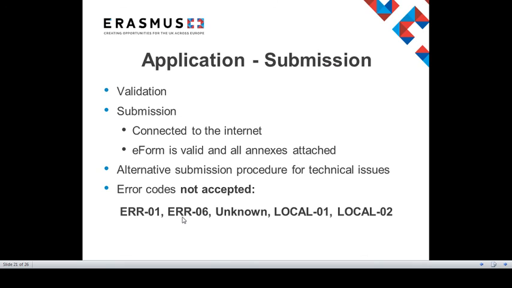However, the UK National Agency will only accept alternative submission if the error message is recorded under status in the submission summary section of the eForm with a timestamp prior to or on the deadline date and time. The following error messages are not accepted as technical issues: Error 1, Error 6, Unknown, Local 01 and Local 02. Please note that the National Agency is aware of an issue with the form.